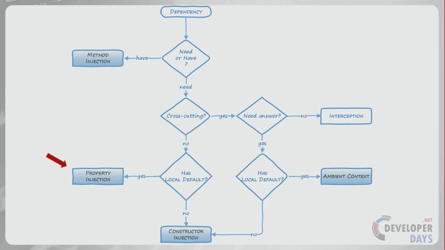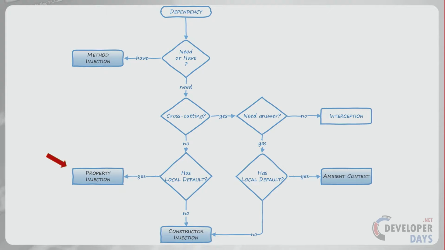And then if we step back to the cross-cutting concern decision, if that actually is a cross-cutting concern dependency, like, I don't know, some caching, validation, logging, auditing, whatever, take any cross-cutting concern, then the next question is, do you really need an answer from that dependency? Do you need to get something out from that dependency?